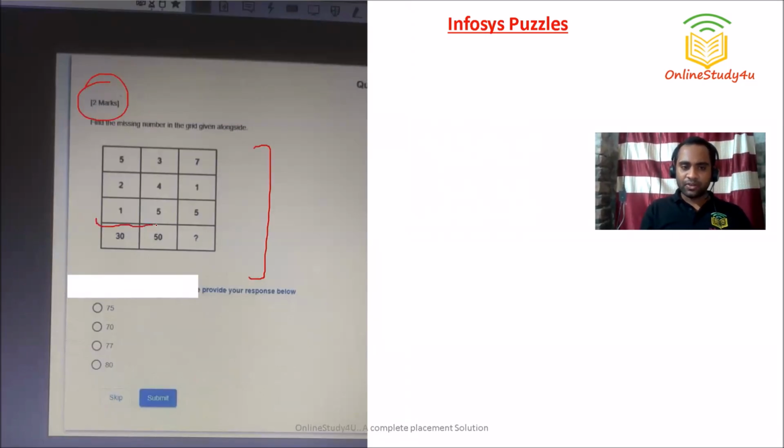As we know, if we have 4 rows, then these 3 rows will be giving the fourth row, right? The fourth row will be the result of these 3 rows. So what I will do, as I said, square, add, multiply or subtract, right? So 5 square plus 2 square plus 1. So 25 plus 4, 29 plus 1 will be 30.